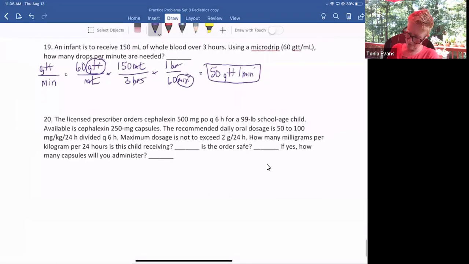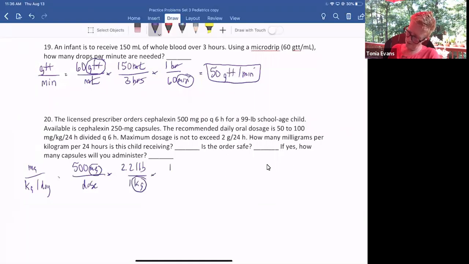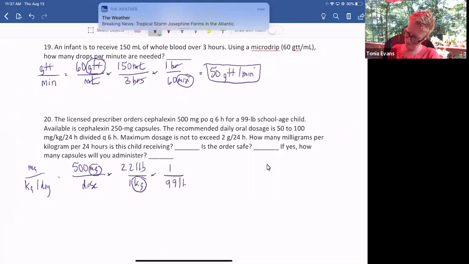So milligrams per kilogram per day, and 500 milligrams per dose, and 2.2 pounds, 1 kilogram, 99 pounds.